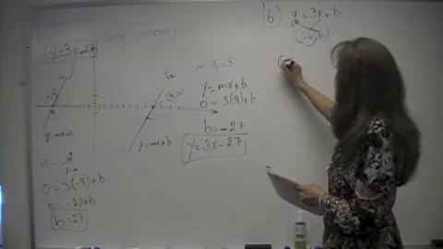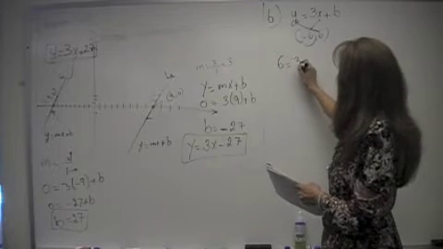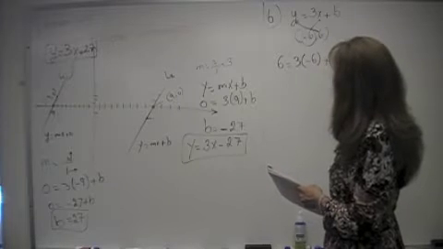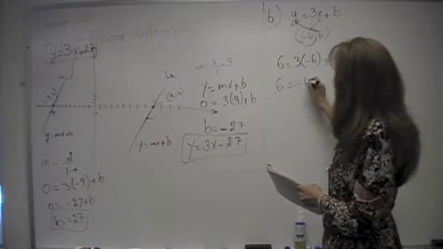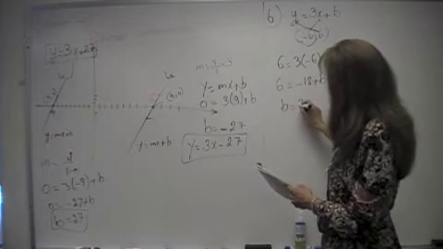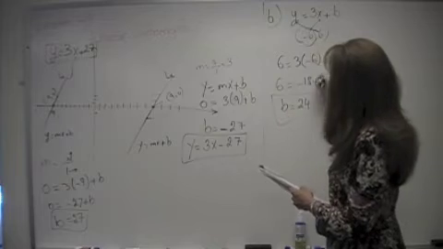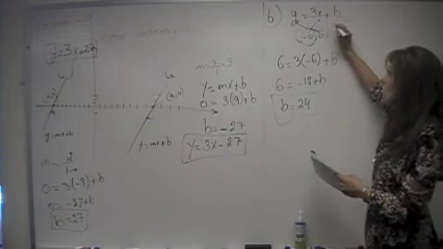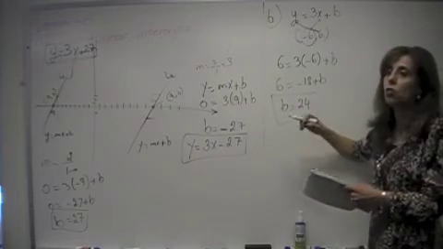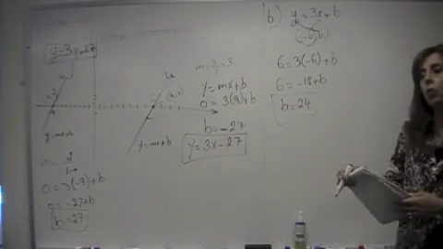Your slope m is 3, and you plug in negative 6 for x, so 6 equals 3 times negative 6 plus b. 6 equals negative 18 plus b, so your b is actually 24. So the line passing through the point negative 6, 6 is going to intersect the y-axis at point 24.